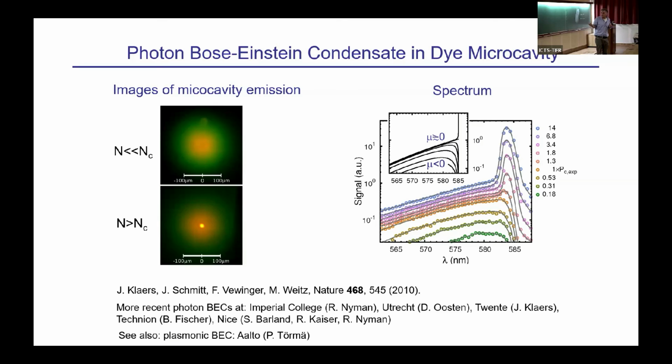So this was in 2010, and there are more recent works at Imperial College from Rob Nyman, at Utrecht, Twente, Jan Klaers has his own group now. Baruch Fischer has a photon BEC in a fiber, and these are experiments in a semiconductor microcavity. There's also a plasmonic Bose-Einstein condensate by Pavi. She uses dye molecules to thermalize.